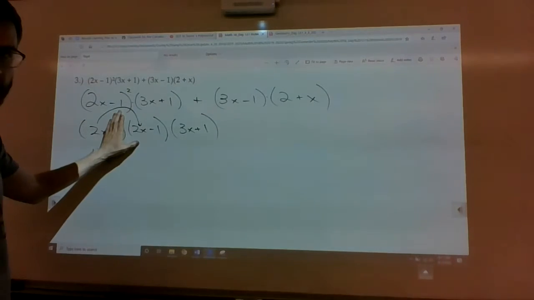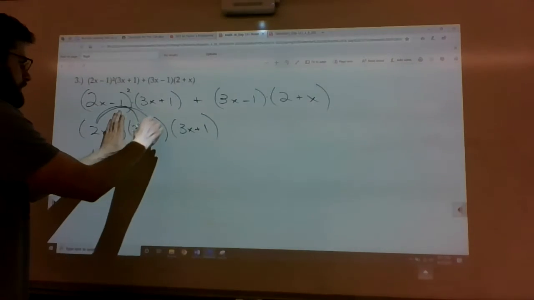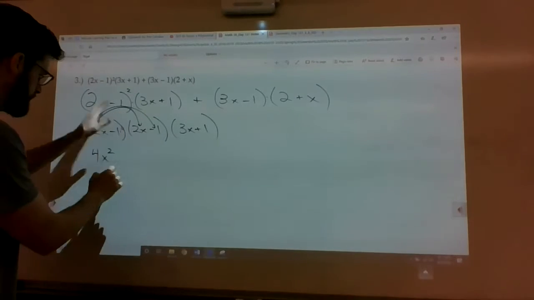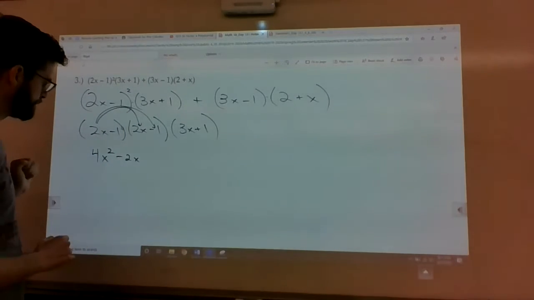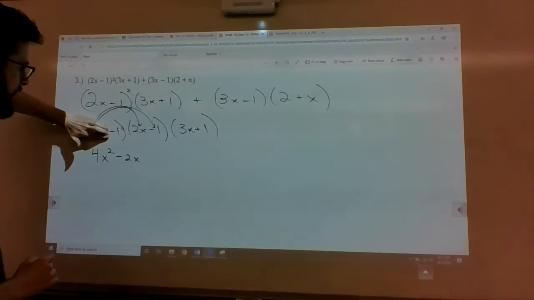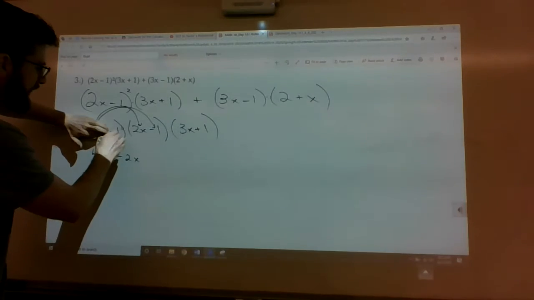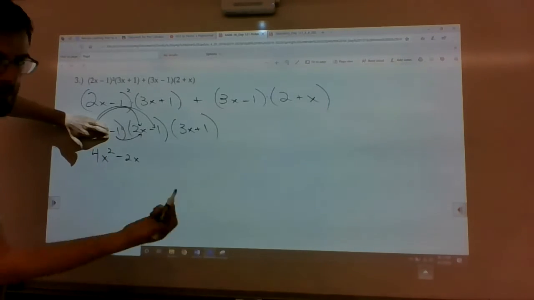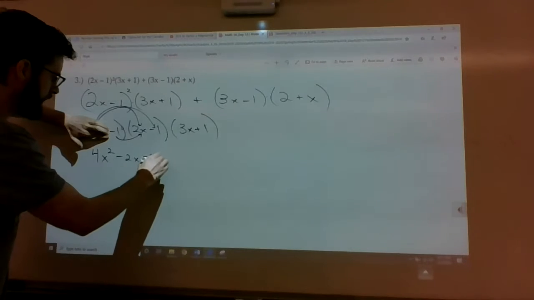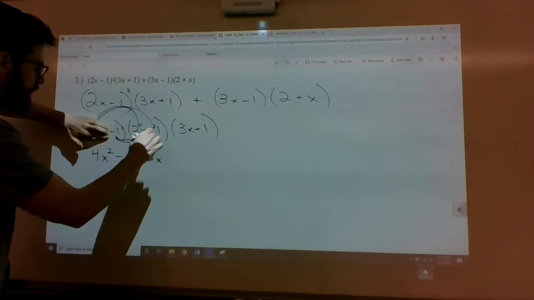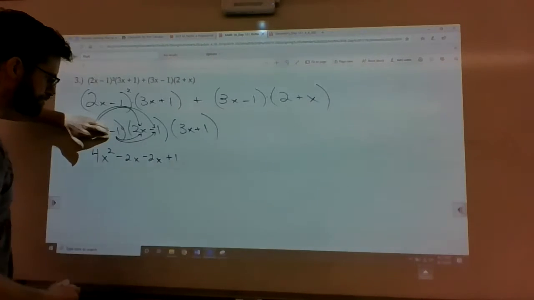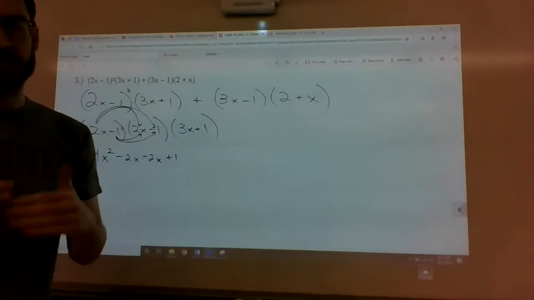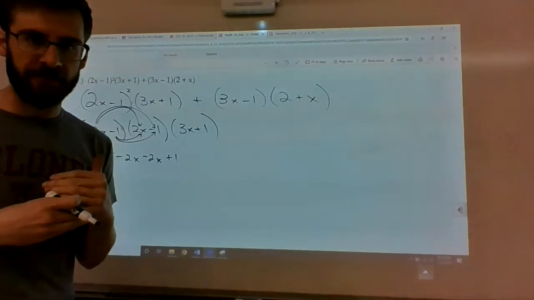And what's 2x times negative 1? Negative 2x. Now I cover up that 2x and ask myself, what's negative 1 times 2x? Also negative 2x. And then what's negative 1 times negative 1? Positive 1. So I save myself some time and space in writing out that actual stuff.